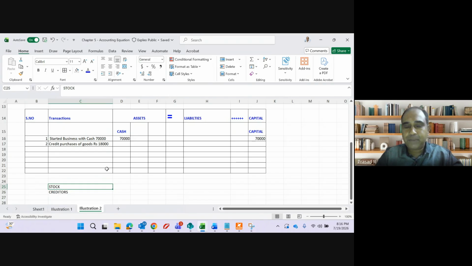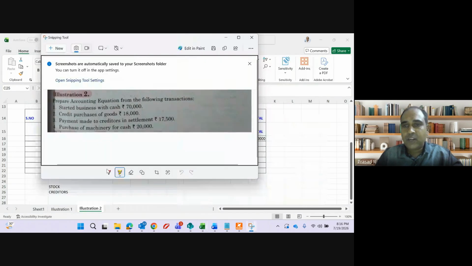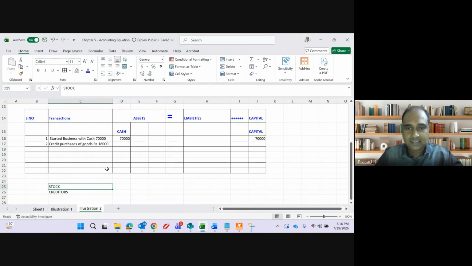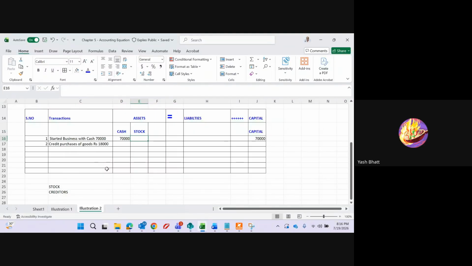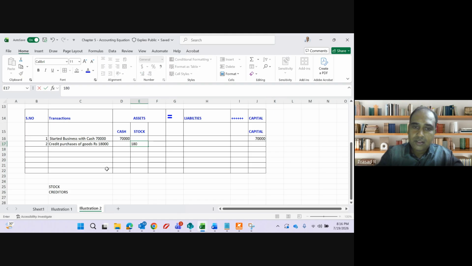Whenever we do a purchase, we call it creditors. Whenever we do a sale, we call it debtors. So when I purchase goods of 18,000, which asset shall I include? Stock. Fantastic. How much? 18,000. Under liability, what is the name of the liability, guys?